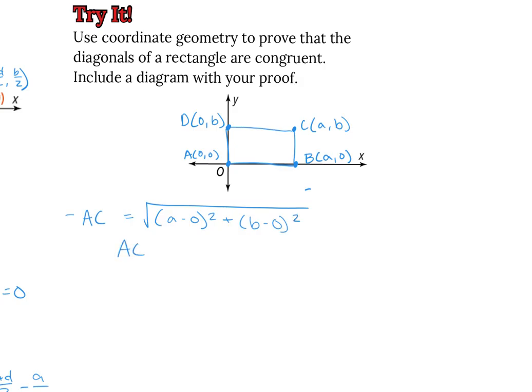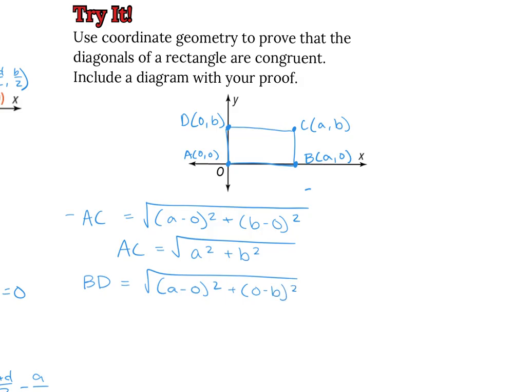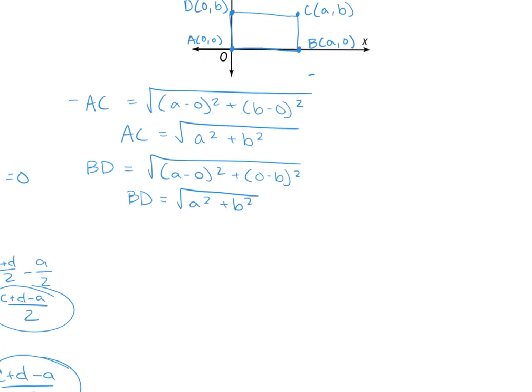Okay, that's going to simplify to the square root of a squared plus b squared. And then I want to find my diagonal for BD. And that will simplify to the square root of a squared plus b squared as well. So we've proven that our two diagonals are congruent, that they have the same lengths.